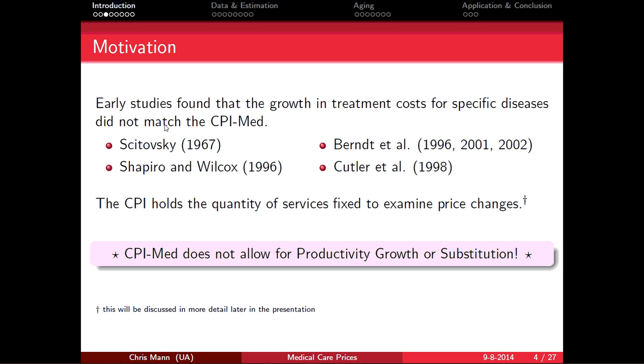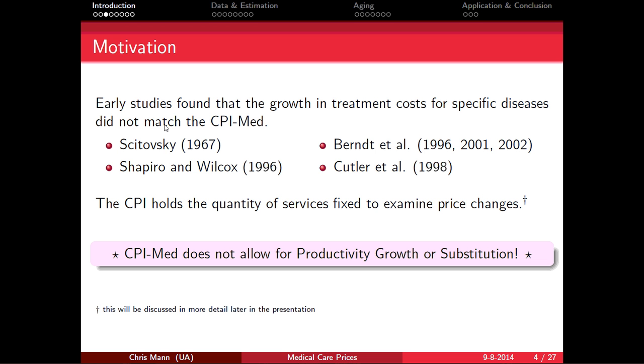Now, the way the CPI works is that it actually holds the quantities of each one of these services fixed and just tries to examine the change in prices. So in other words, the CPI for medical care might say, okay, let's keep the number of hospital stays that the average person has constant, right?